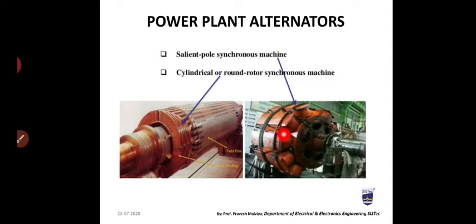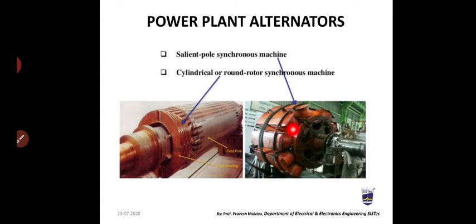So we can see that these projected pole units are actually heavy, so this heavy pole unit rotor cannot be rotated at a large speed, but on the other hand these smooth rotors can be rotated at a large speed.